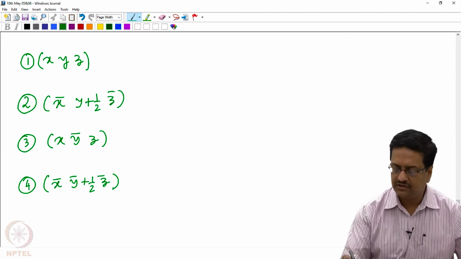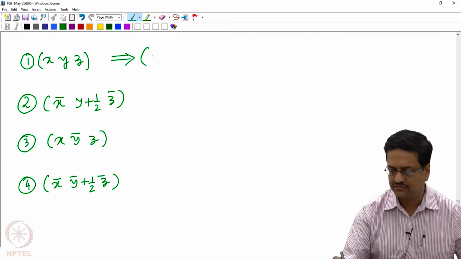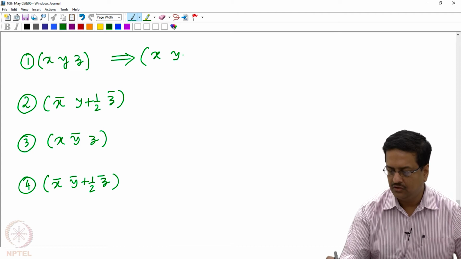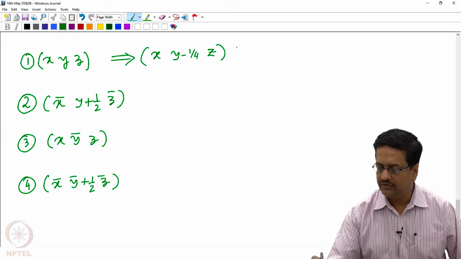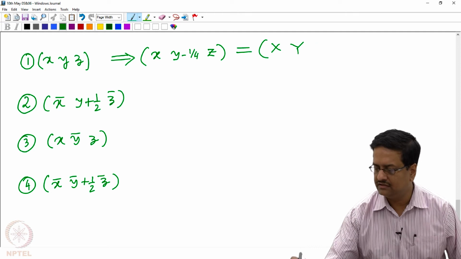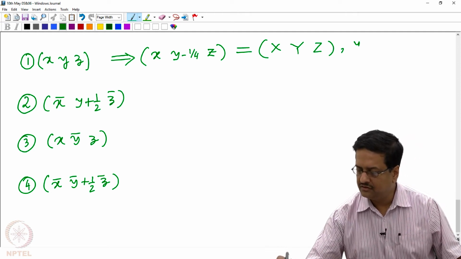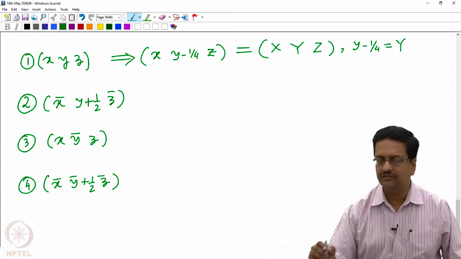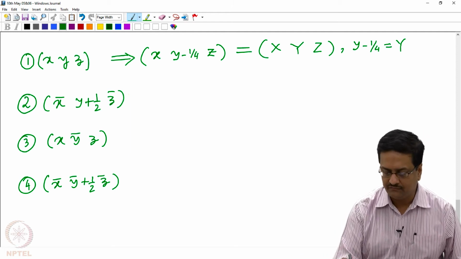So, with the shift of origin, the first point transforms to x, y minus 1/4, z. We write this as capital X, capital Y, capital Z, which means we are replacing y minus 1/4 by capital Y and keeping the x and z as capital X and capital Z.